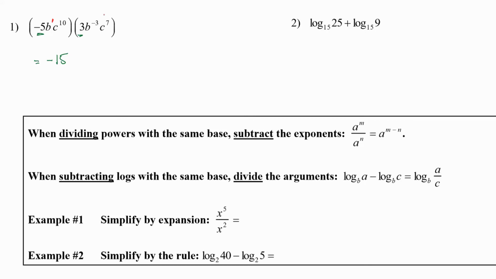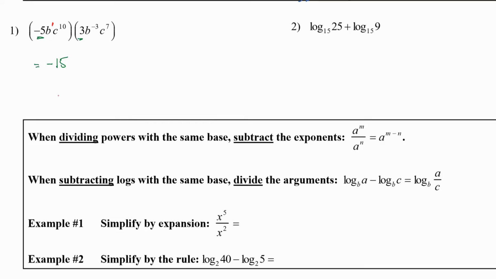So we can add those exponents. So 1 plus a negative 3 is negative 2, so we have b to the negative 2. And we'll do the same thing with c there. So we have 10 plus 7, so that's 17. Okay, so we added those exponents because we're multiplying powers.